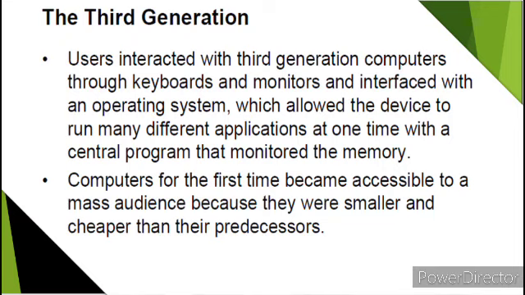Computers for the first time became accessible to a mass audience because they were smaller and cheaper than their predecessors. Their predecessors means the earlier computers from the previous generations.